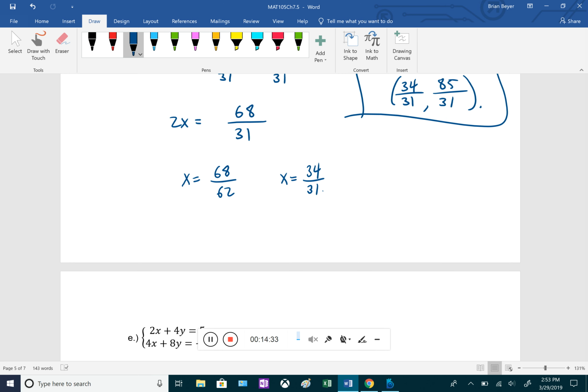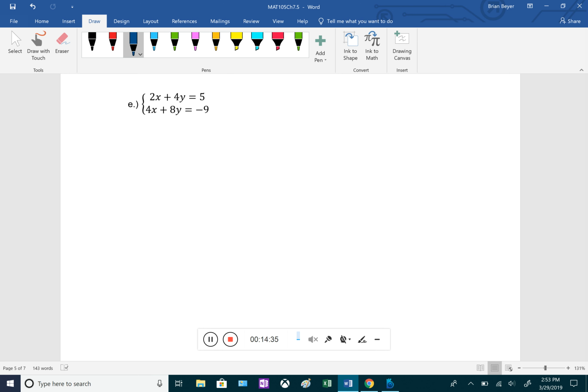Okay, so for the next one here, the next two are special cases, so let's see what happens with this one. So we have 2x plus 4y equals 5 and 4x plus 8y equals -8. So let's say we want to cancel the x. That means we would have to multiply the first one by -2.